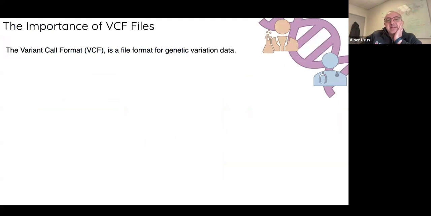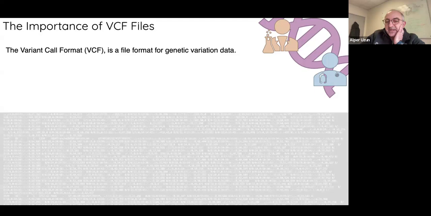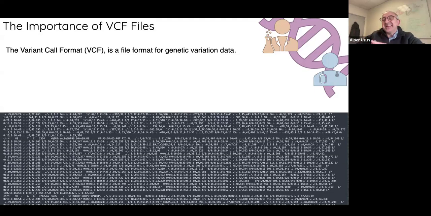Now, if I talk about VCF files, most of us know them, but this is a general intro. VCF, or variant call format, is a file format for genetic variation data. This scary black screen, maybe not for coders, but most clinicians or wet lab scientists don't want to deal with this kind of representation.